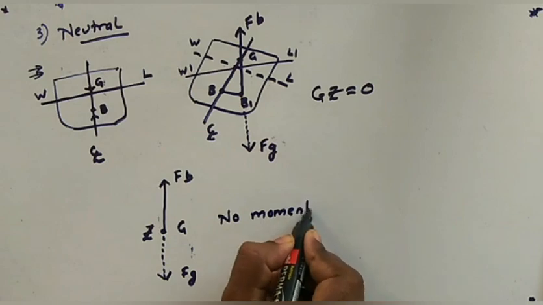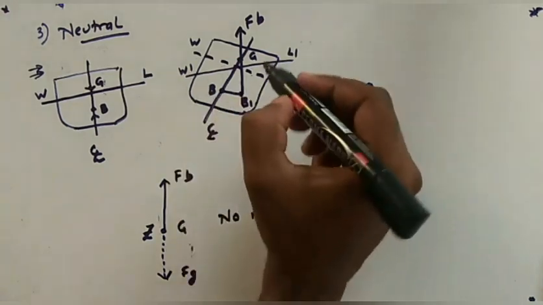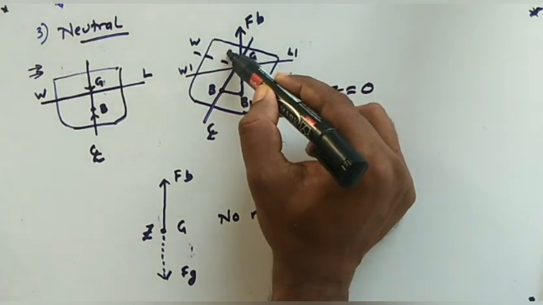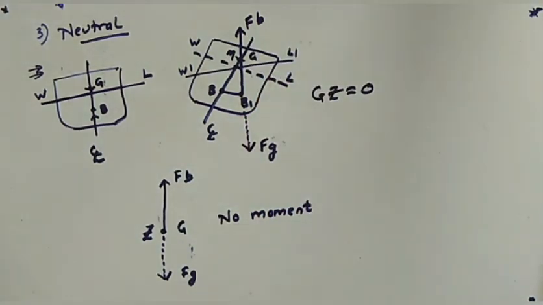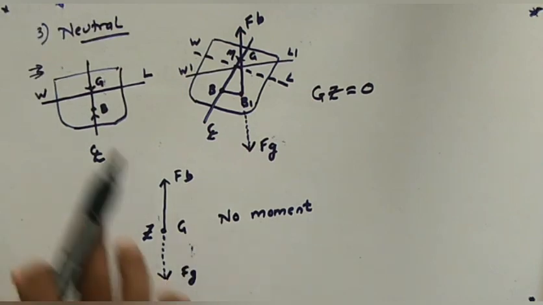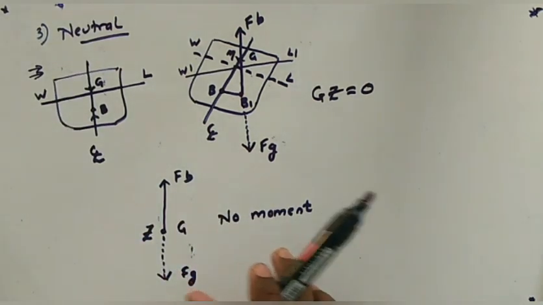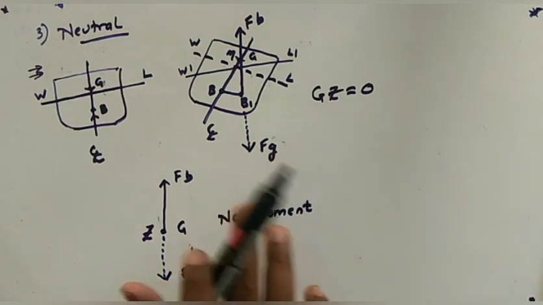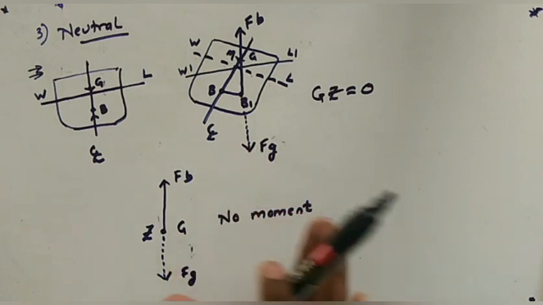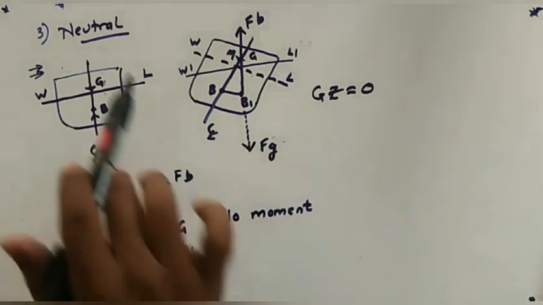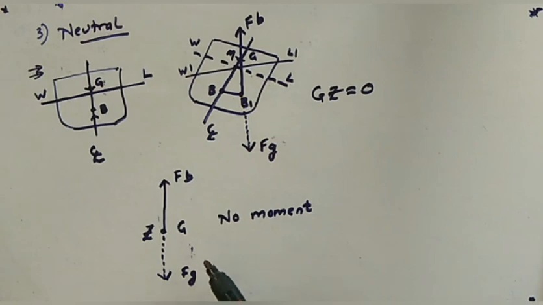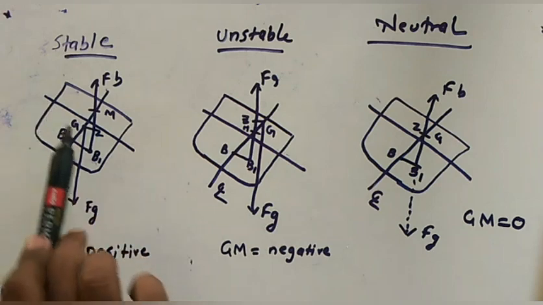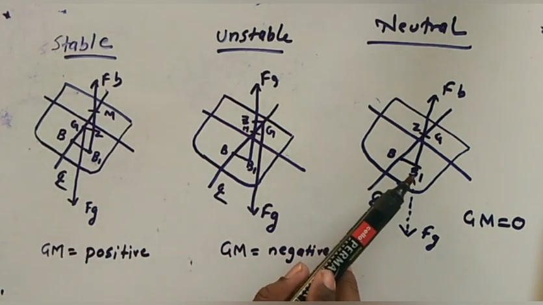So GZ is 0, and same as the previous, this point I am naming as M, right? So in stable, my ship is inclined and it comes back to the original position because of the righting moment. In unstable, my ship is inclined, it inclines further because of the capsizing moment. And in neutral, my ship remains at the same position because there is no moment. So what we are learning here is, this is stable, this is unstable, and this is the neutral equilibrium condition.